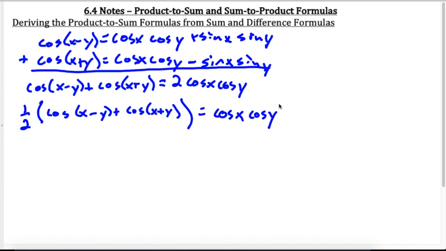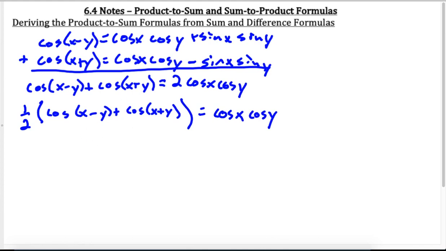Okay, so this is our first product to sum formula. We can say if I'm multiplying the cosine of some angle times the cosine of a different angle, I can split it up into 2 cosines and add them together using this.